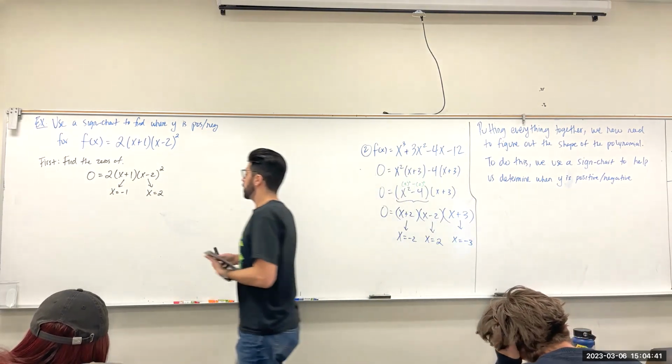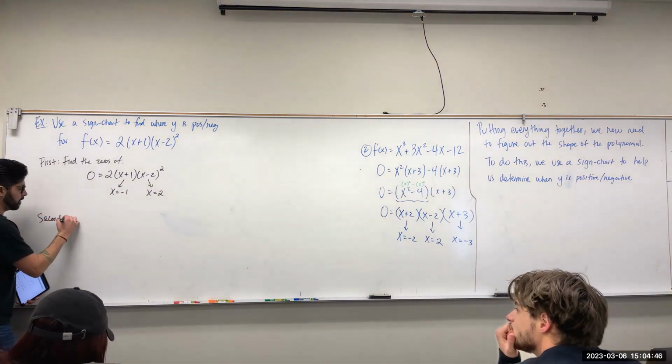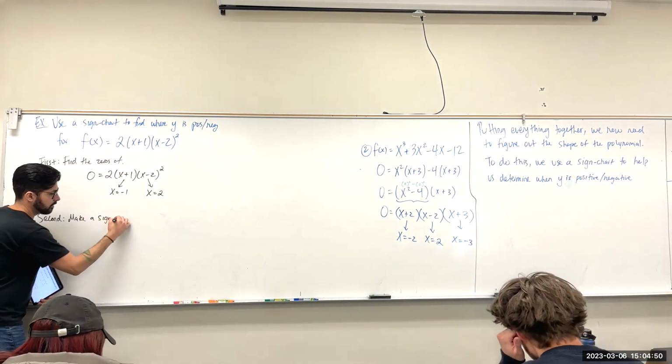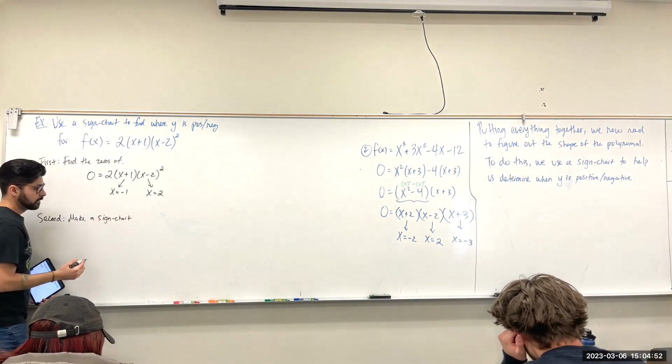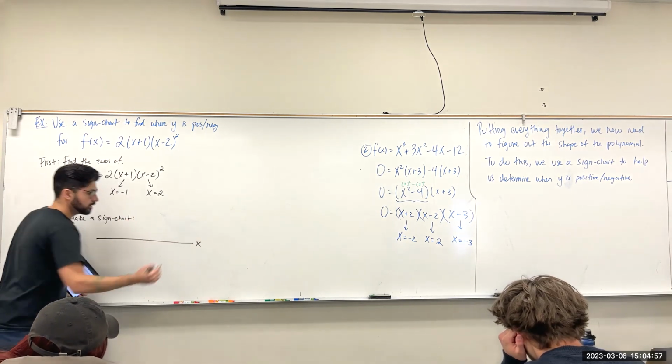Okay, now what you're going to do. The second thing you're going to do is make a sign chart. Let me show you how you're going to design it. So imagine this is the x-axis.